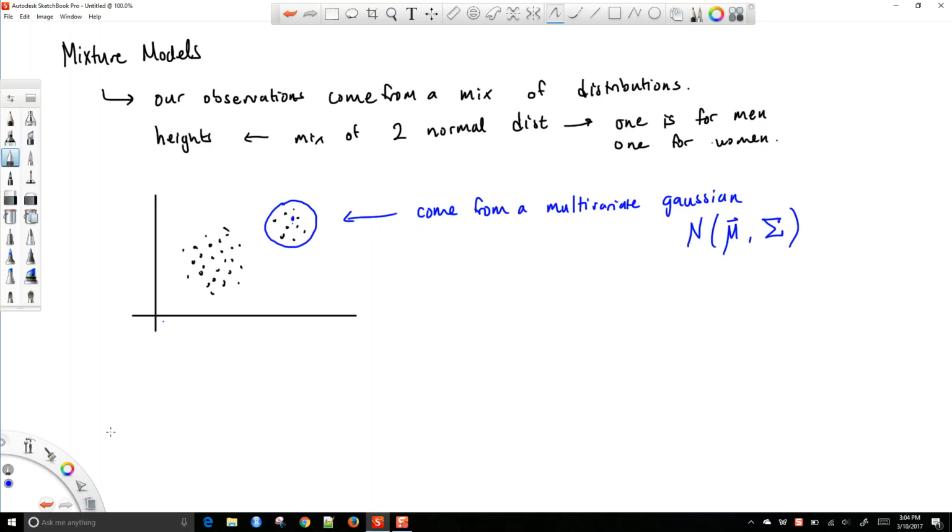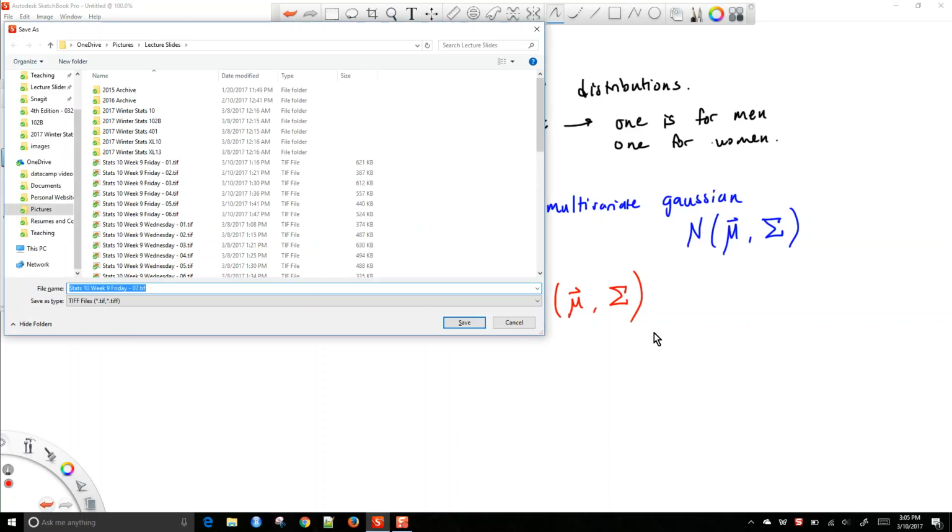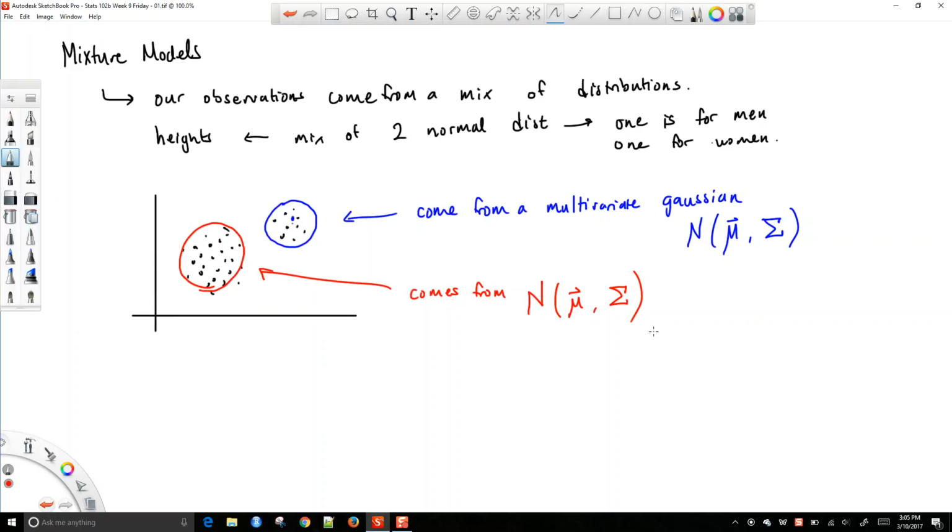And then you've got another set of points, which also comes from a normal distribution with a mean mu and another standard deviation.